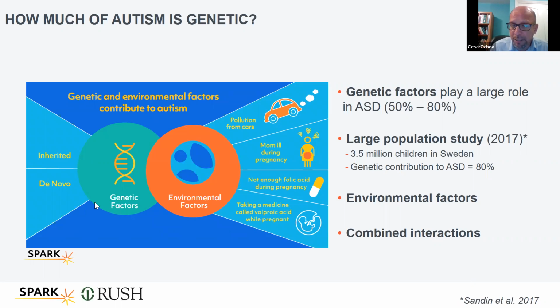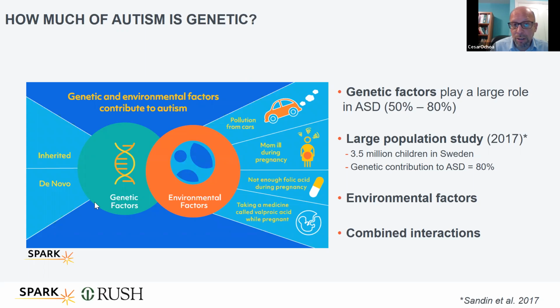There are also environmental factors, but our understanding of environmental factors is still limited. We're hoping to learn more. There are ongoing studies to investigate those environmental factors more, but we don't know them that much. So we know that there are some medications that can increase the risk for autism when pregnant moms take them.